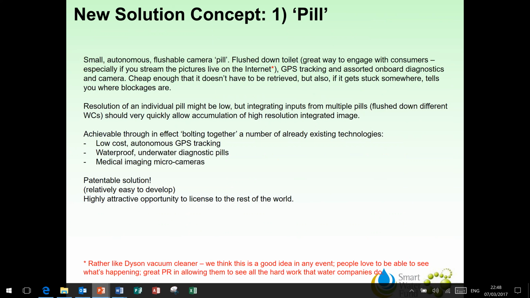So it felt to us like there was quite a lot of merit in that solution, to the point that we were asked back in 2013 to put together an outline cost for developing a prototype. That, as it happens, is right up Cobus's street.